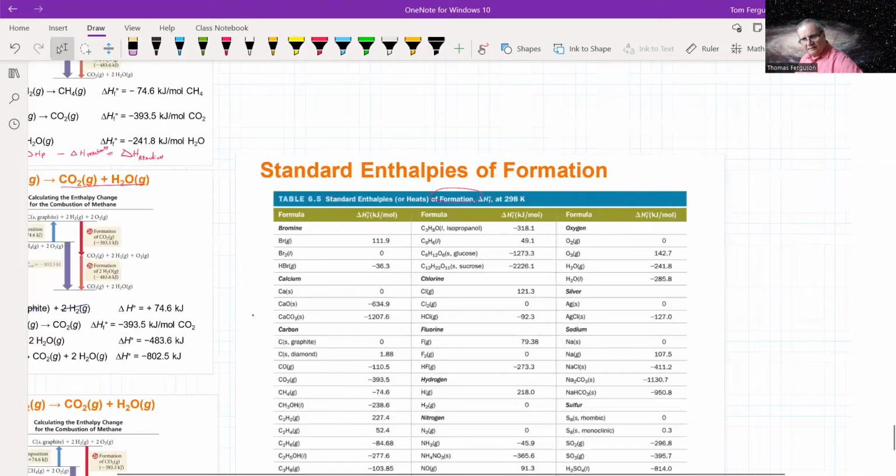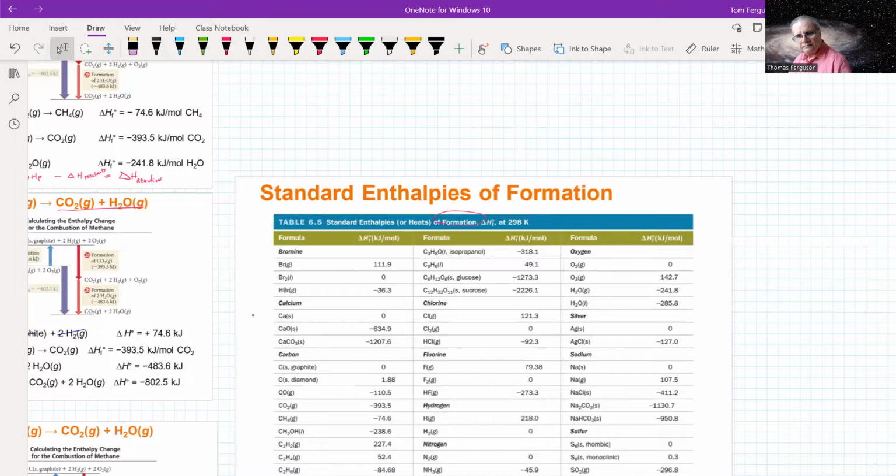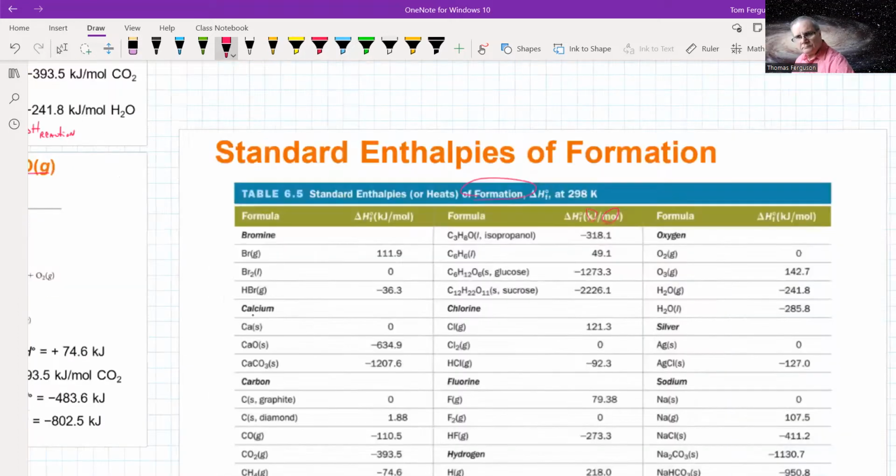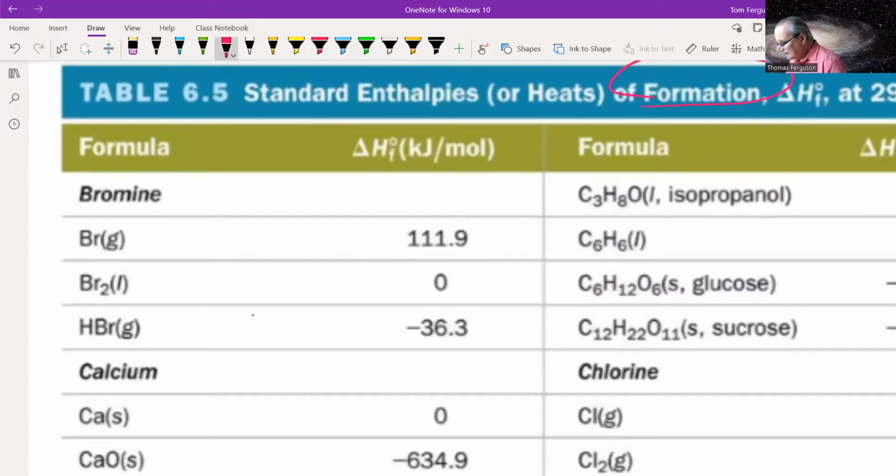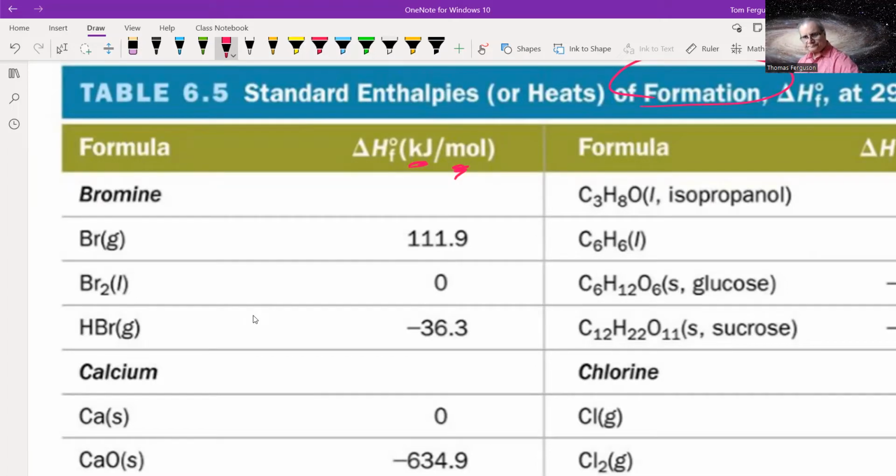And these are all in kilojoules per mole. And remember, with a balanced equation, we're talking about coefficients here.